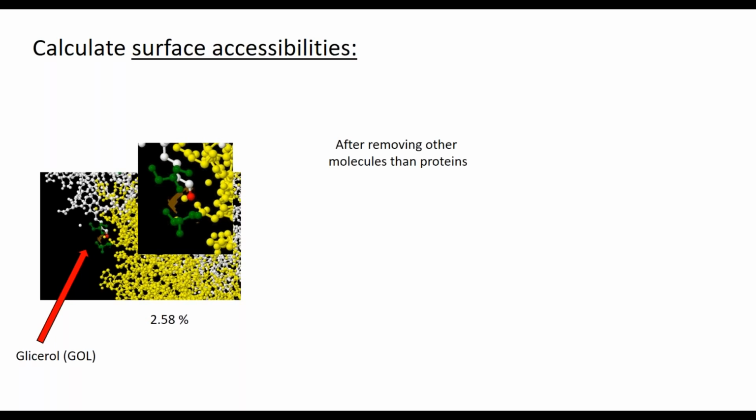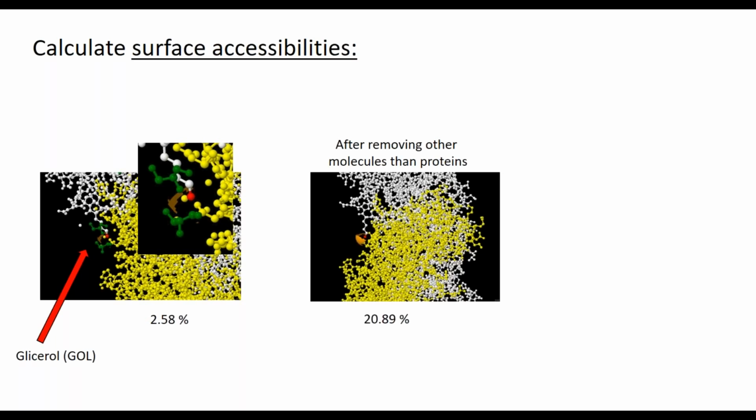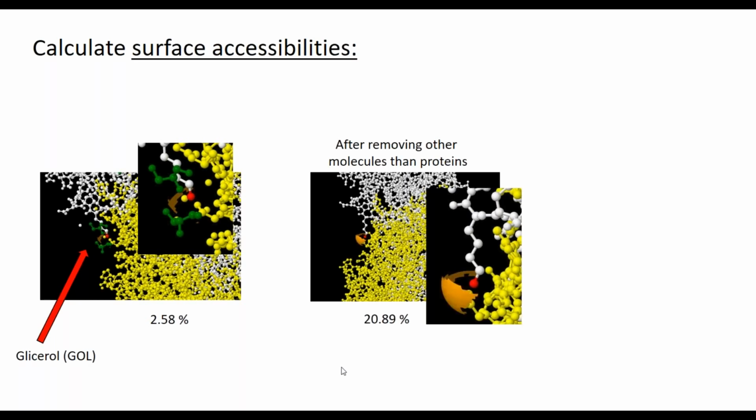And then if we decide to remove this glycerol, we have a much different value, at 20%. But then you can see here the difference in this orange surface is the surface.